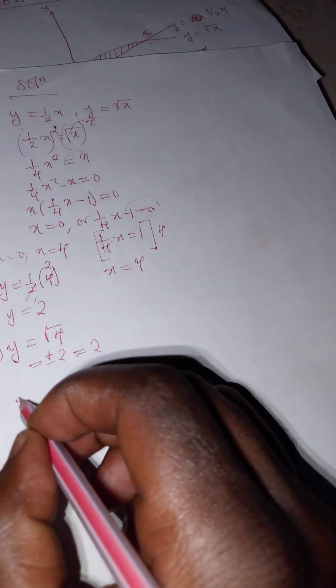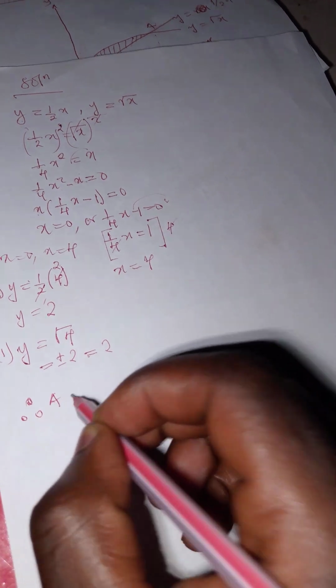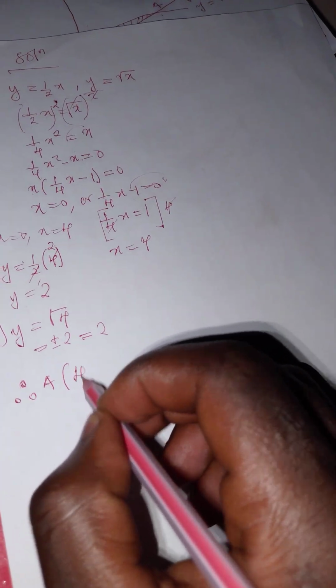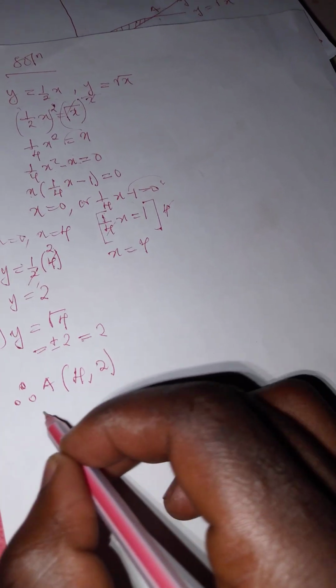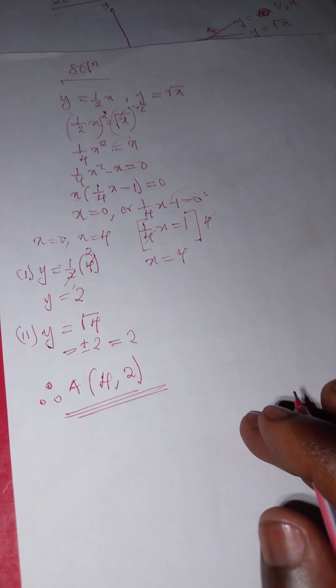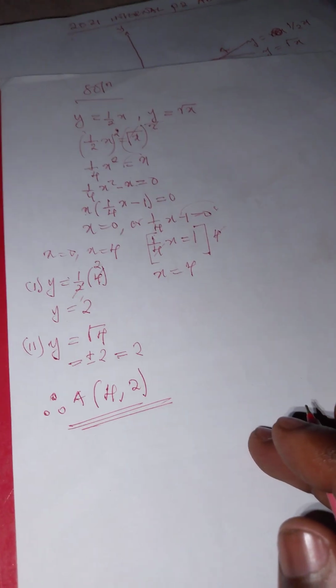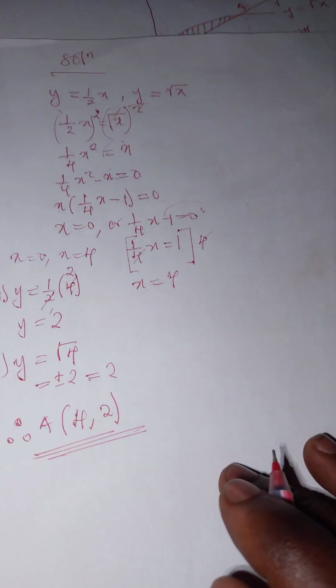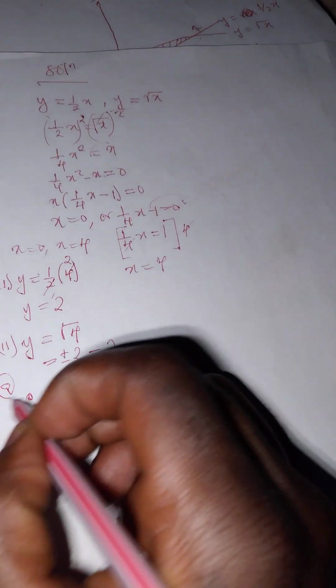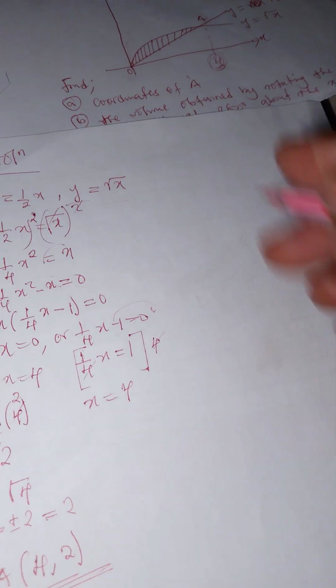So therefore, the coordinates of A are 4, 2. Those are the coordinates of A. So that was A, solution. Then we go to B.